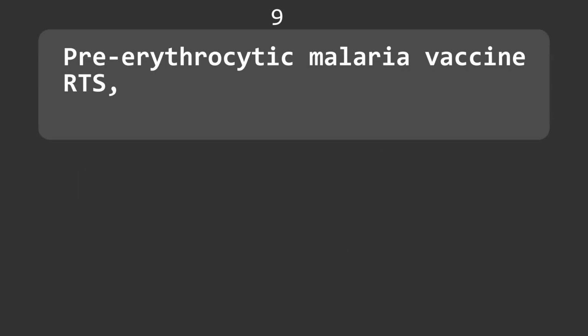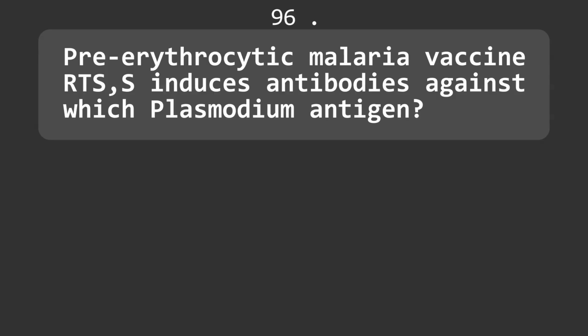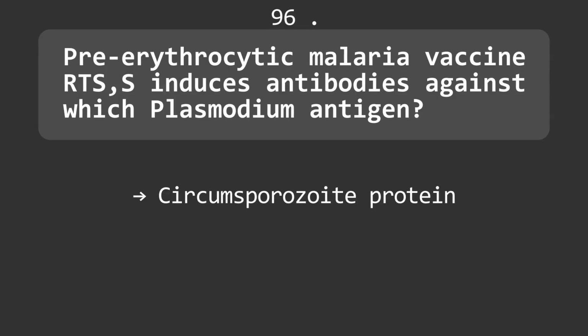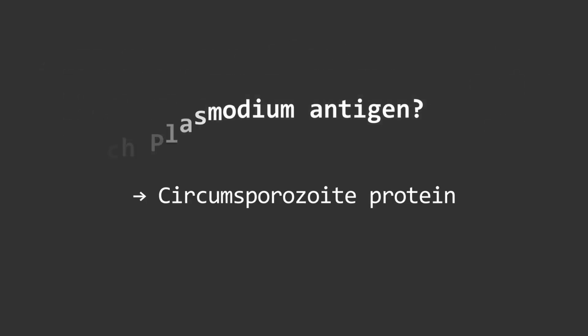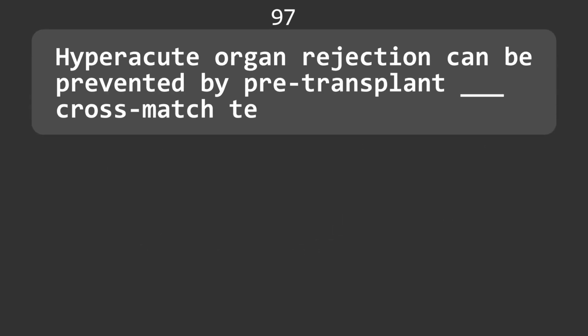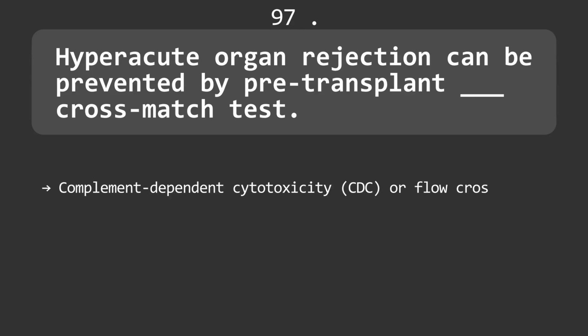Pre-erythrocytic malaria vaccine RTS,S induces antibodies against which Plasmodium antigen? Circumsporozoite protein. Hyperacute organ rejection can be prevented by pre-transplant cross-match test, complement-dependent cytotoxicity (CDC) or flow cross-match.